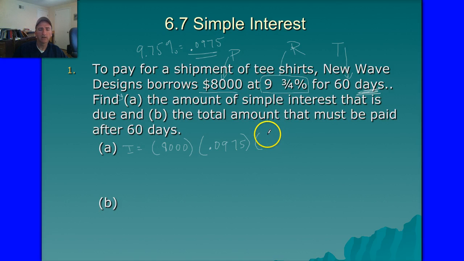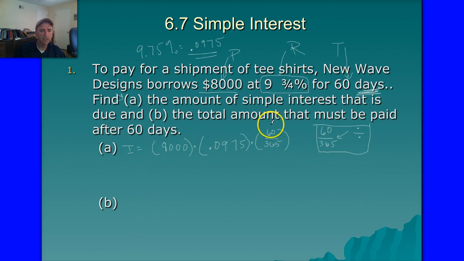60 days, if you just think there's 60 days out of a year, which is 365, just think of it as the fraction 60 over 365. And remember that's just division. So if you want the easiest way to put that in your calculator, just put that in first, 60 divided by 365, and then multiply everything else.